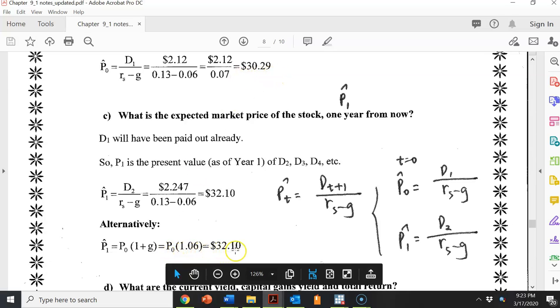So we have 32.1 as P1. Okay, so you can use constant growth model formula, or you can use the conclusion that price grows at the rate of G to solve for P1.